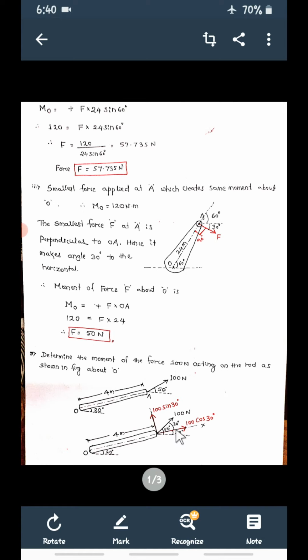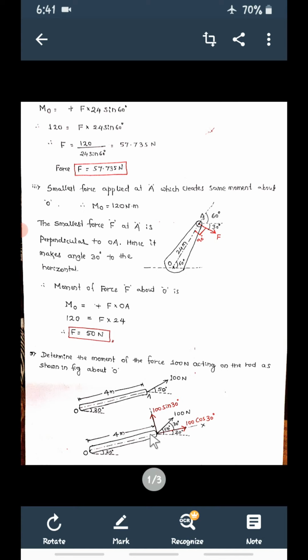So what is this 30°? It is the angle made by the 100 Newton force with the x-axis. Now that we have this 30°, let us resolve this force.